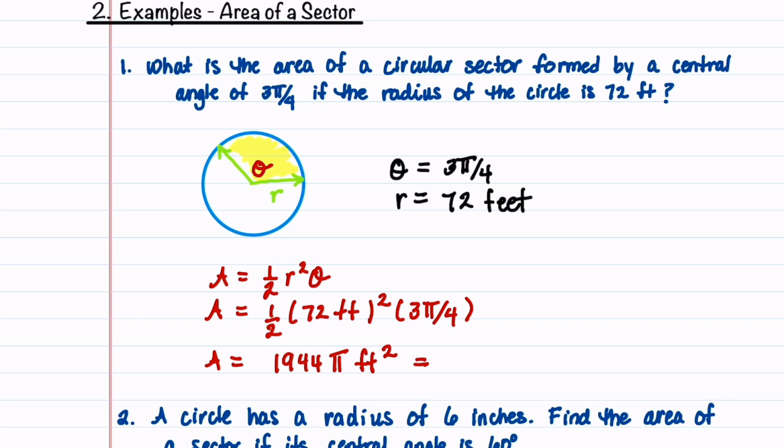And then if we multiply the pi times 1944, we end up with 6,107.26 square feet. So we'll write that as feet squared. And it's always a good idea to box your answers. So let's box our answer. Okay, great. So we have that first problem completed.